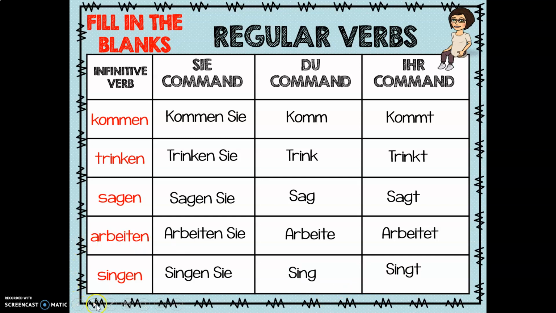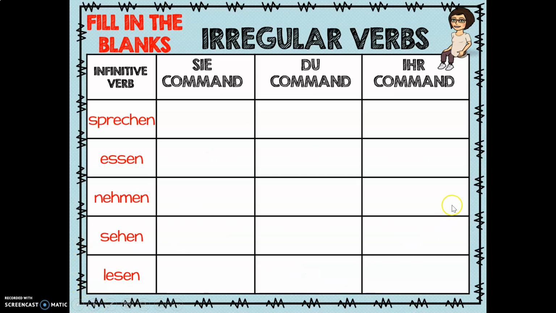There's one little hiccup that we have to talk about. What happens when you want to give a command that happens to involve an irregular verb? Sprechen spricht, essen isst, nehmen nimmt, sehen sieht, lesen liest. Well, they remain the same in the Sie command. Sprechen Sie Deutsch. In the du command, you conjugate for du, sprichst, and then drop the ending.